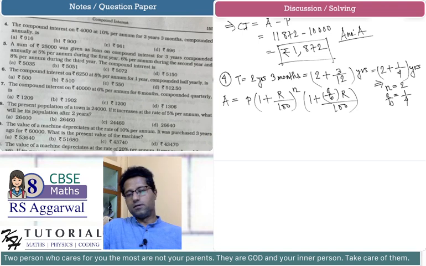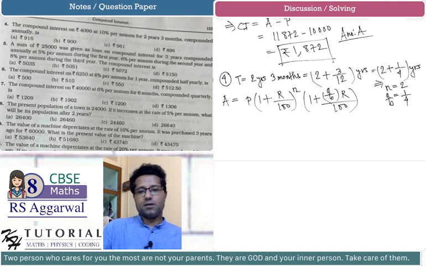So whenever in the problem the interest is being compounded annually and the time period T is in fraction, it can always be represented as a mixed fraction n and A by B. From the fractional value of T, we can get the value of small n and A by B.